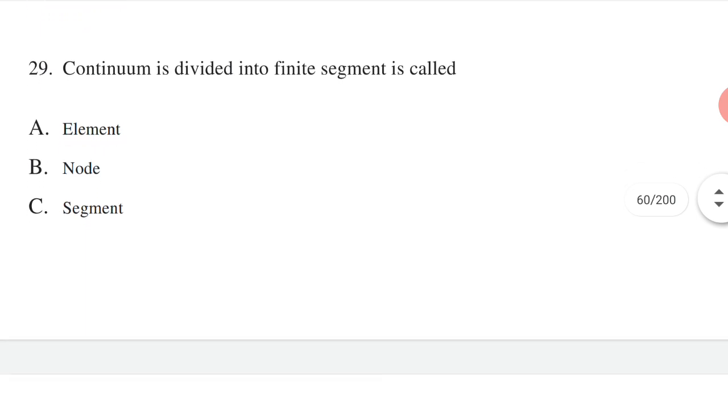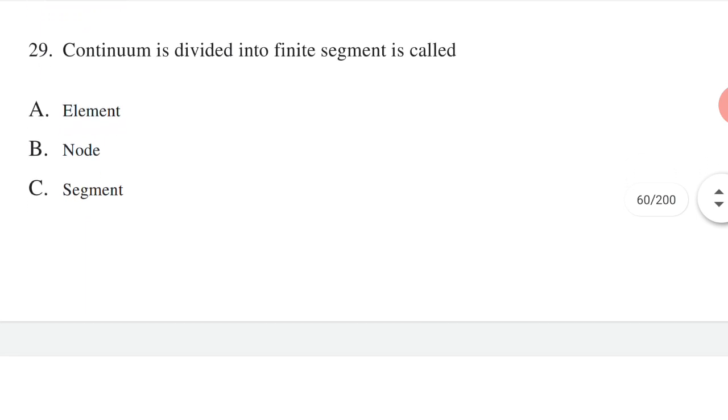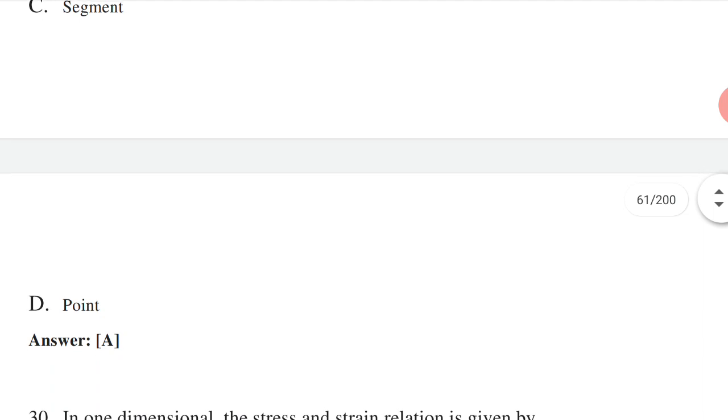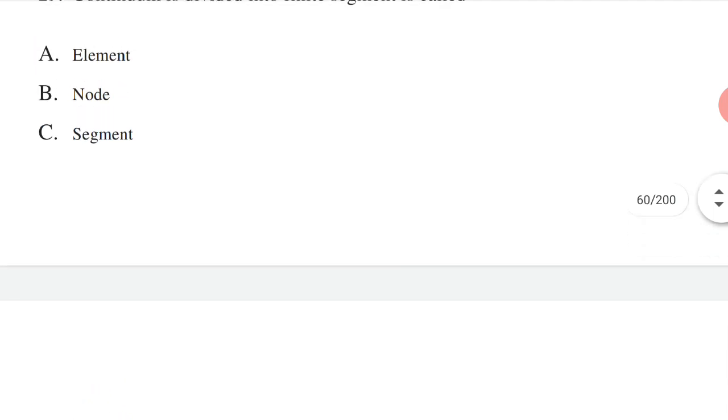Then the next question is, a continuum divided into finite elements or finite segments is called as. So we know that the finite element method includes the division of the component or continuum into a number of segments or finite elements, and solving for it is called the finite element method, and the segments are called elements. So the answer is A. Next, nodes are what?